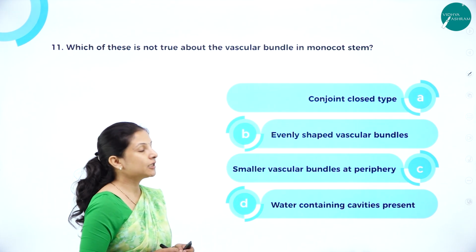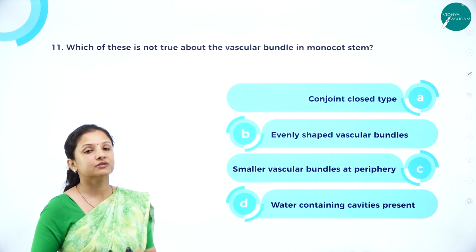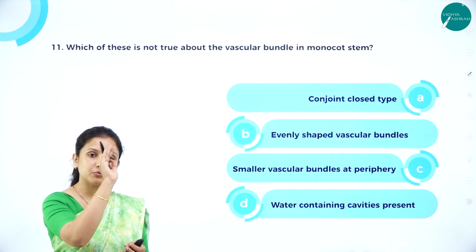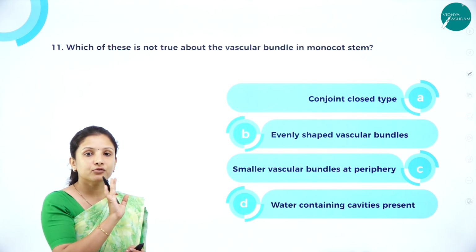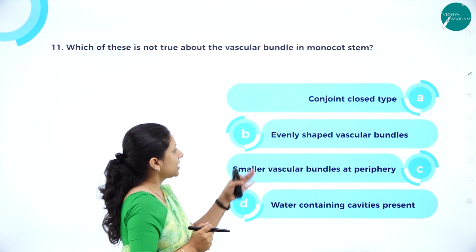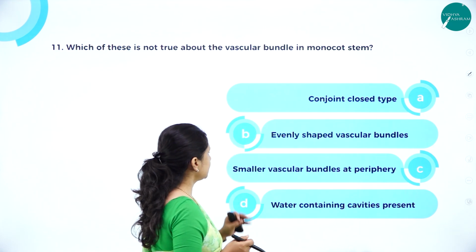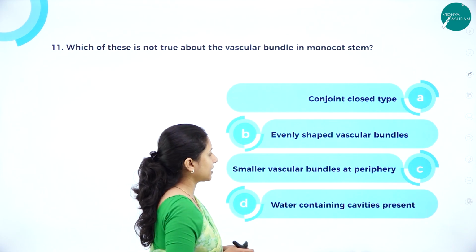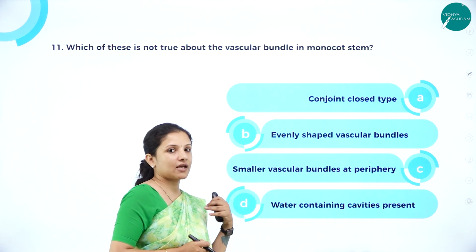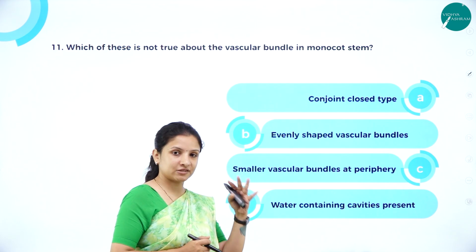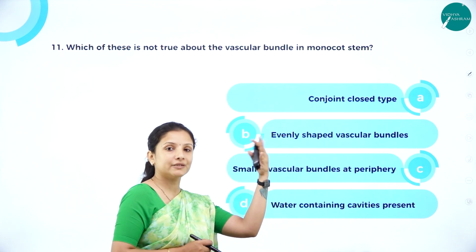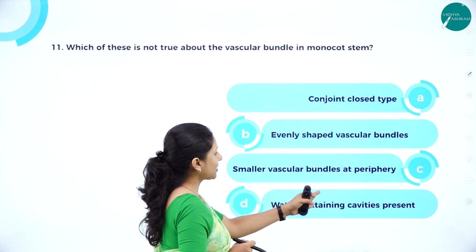Conjoint closed type. Yes, they have a conjoint closed type of vascular bundle because between the phloem and the xylem, they do not have a cambial ring. Evenly shaped vascular bundles, smaller vascular bundles at periphery. Yes, of course, they have vascular bundles which are smaller towards the periphery or towards the epidermis. Water containing cavities.